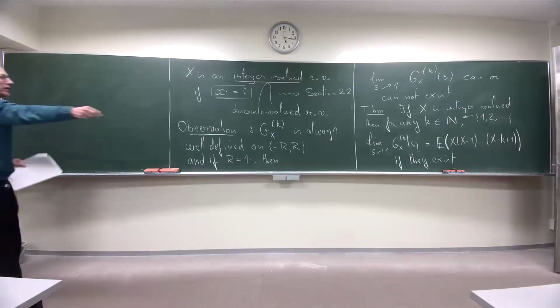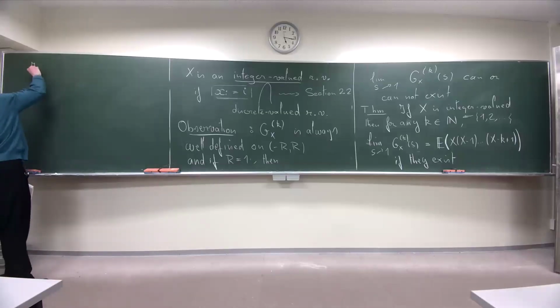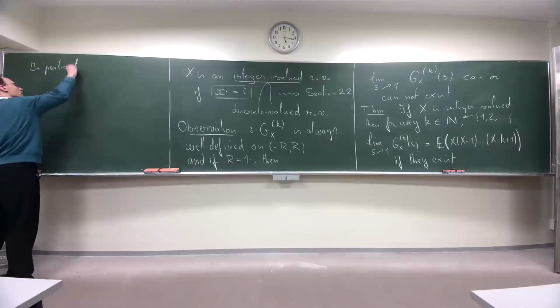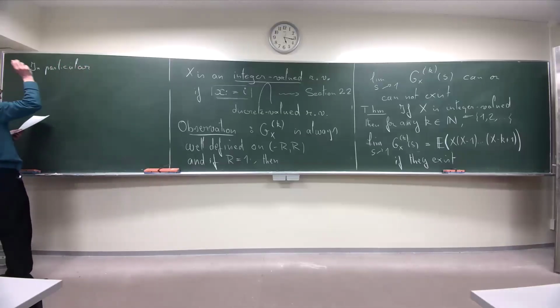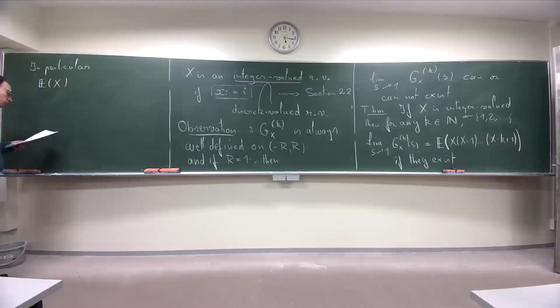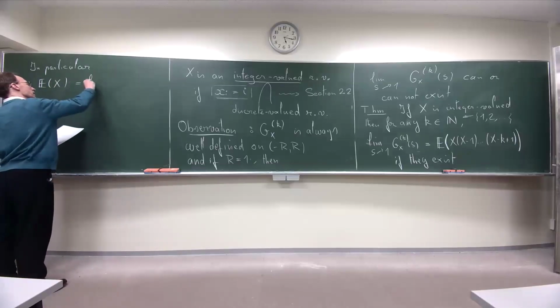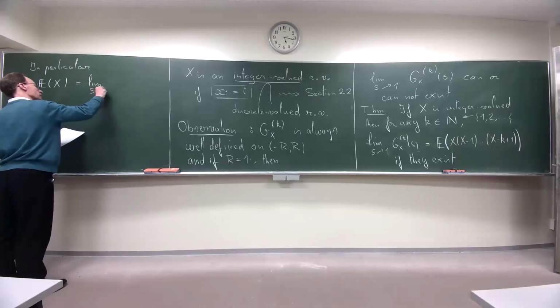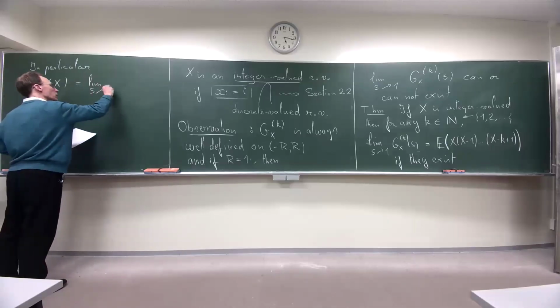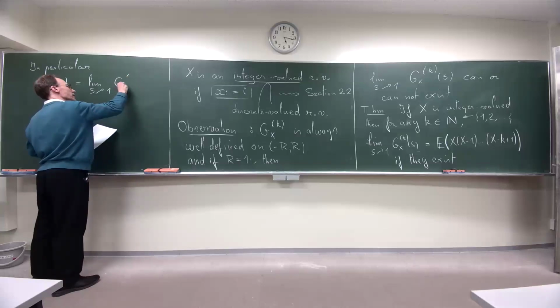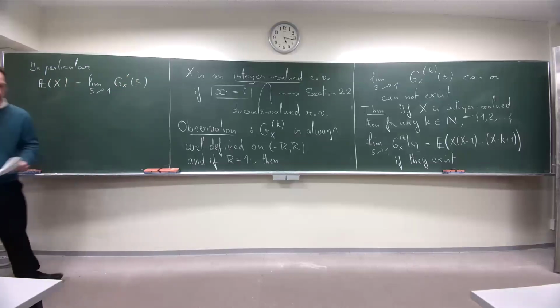But already before I give the proof in particular, let's apply this formula for k is 1. We observe that this gives us the limit when s goes to 1 of the derivative of this function.